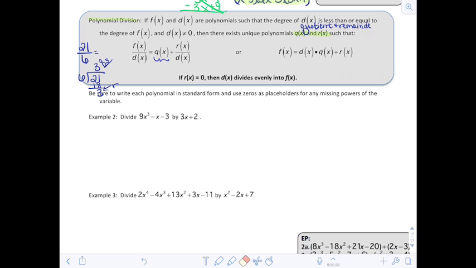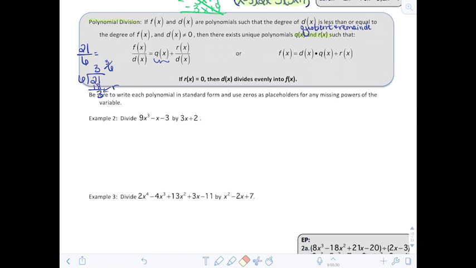So what this is saying is that when you do this division, if you had f of x, which was your 21, divided by 6, it would be that quotient of 3 plus the remainder of 3 over the divisor, which is 6.